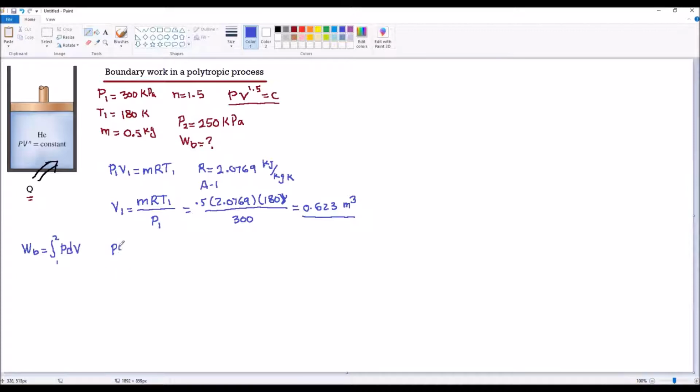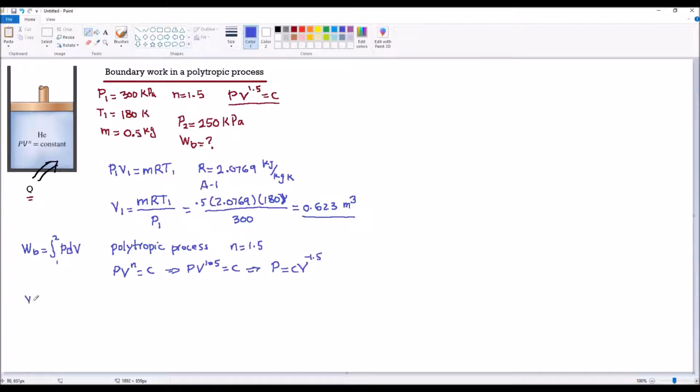It's given to us that this is a polytropic process with a polytropic exponent of 1.5, and we know the equation for the polytropic process is P V to the n is a constant. In this case, P V to the 1.5 is a constant. Rearranging this equation will result in P is equal to C V to the negative 1.5.